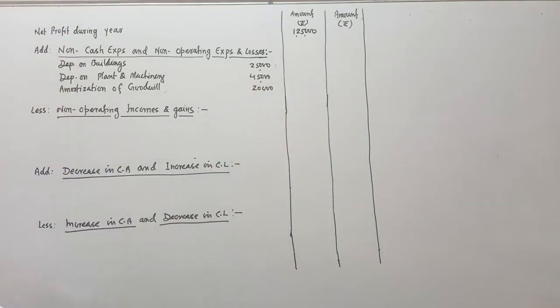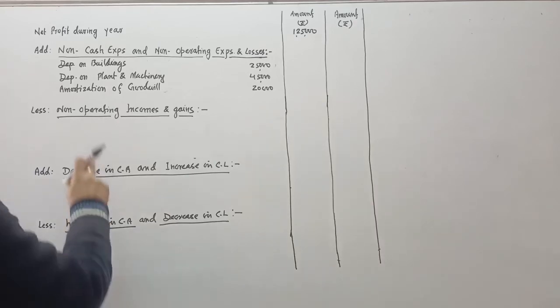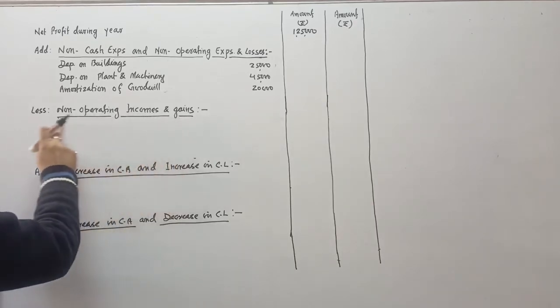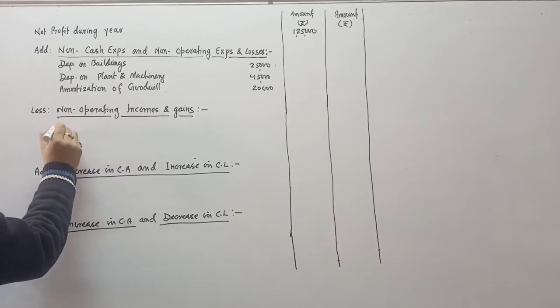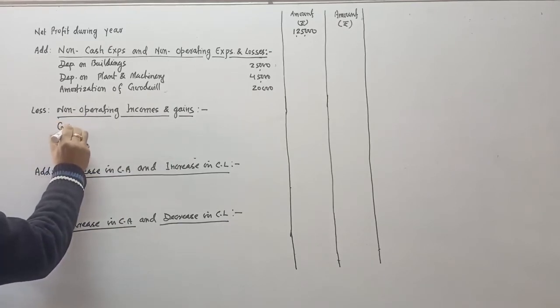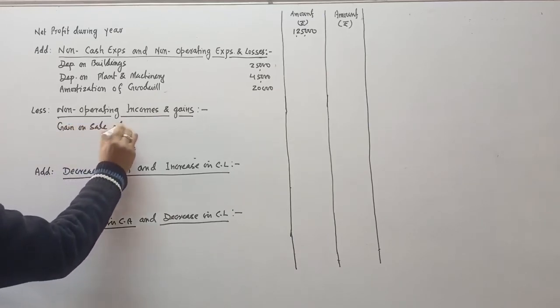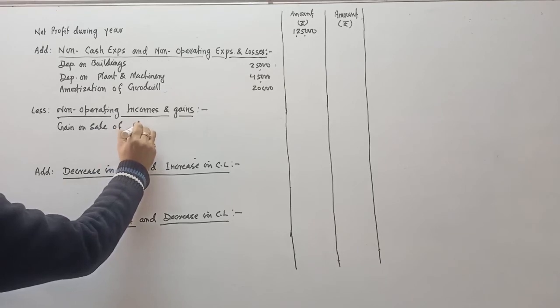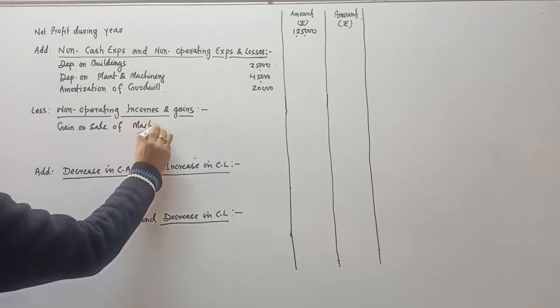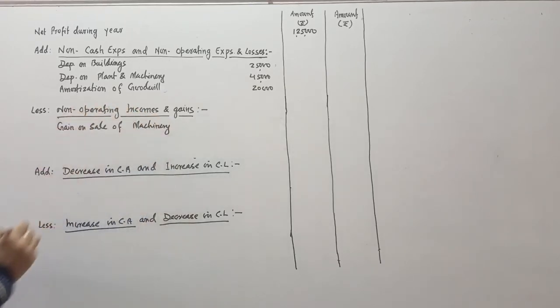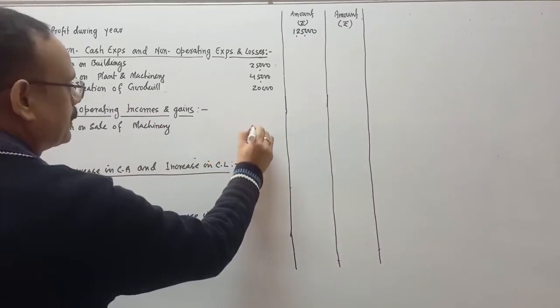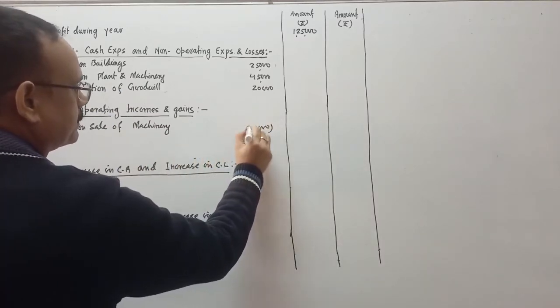And gain on sale of machinery is a non-operating gain. It comes under non-operating gain, so this we will deduct. Gain on sale of machinery is 10,000. This we will deduct.